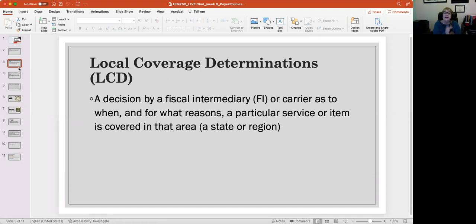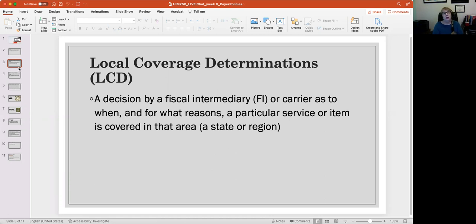And again, sometimes something is covered in one state or region, but not in other states or regions. And again, not only do Medicare and Medicaid publish these determinations online, but so do the private payers. So it's a good thing for you to do to check at least once a year, because usually these are annual events, okay? So check at least once a year.